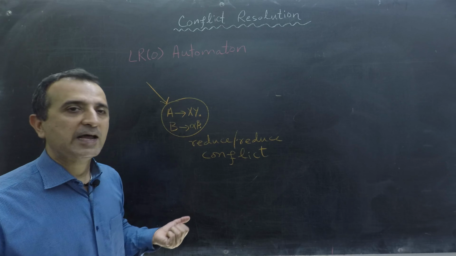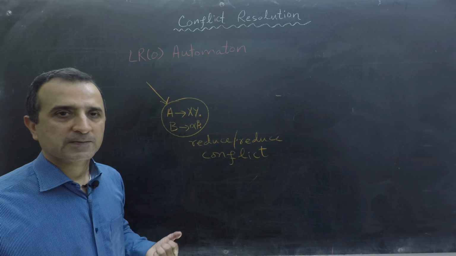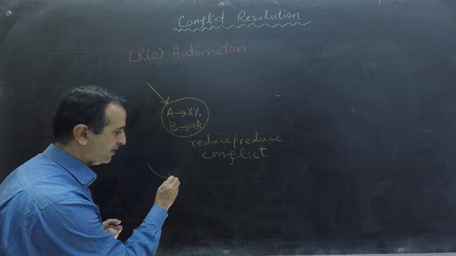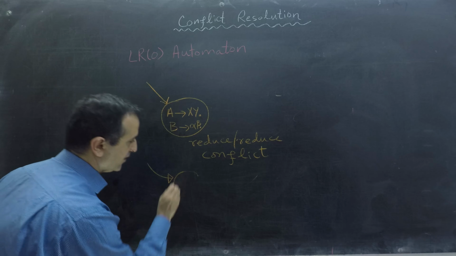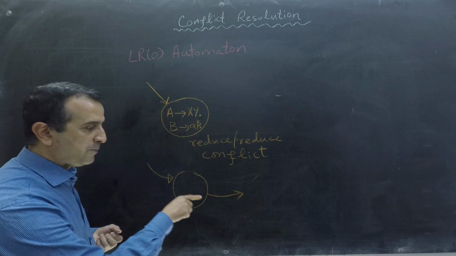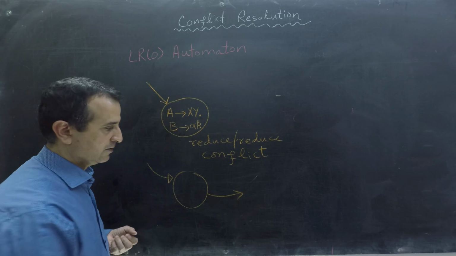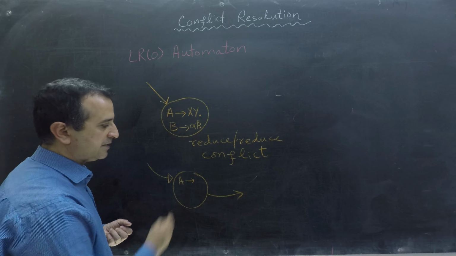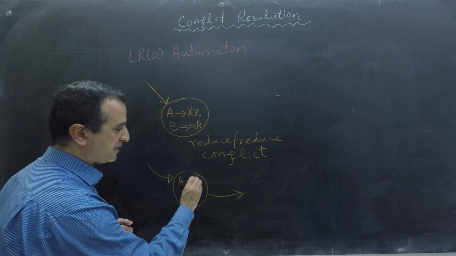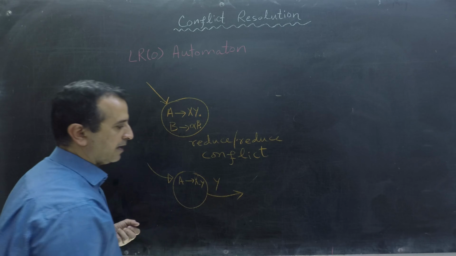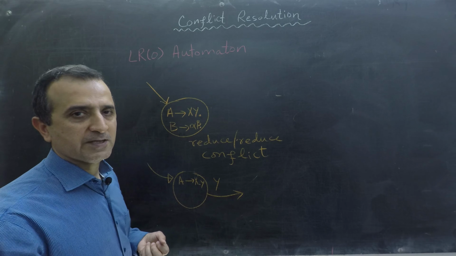Similarly, we could have a shift-reduce conflict. For example, consider another state of a DFA where I have one possible shift path. I have a production A goes to X dot Y, and on Y I can shift to some other state.